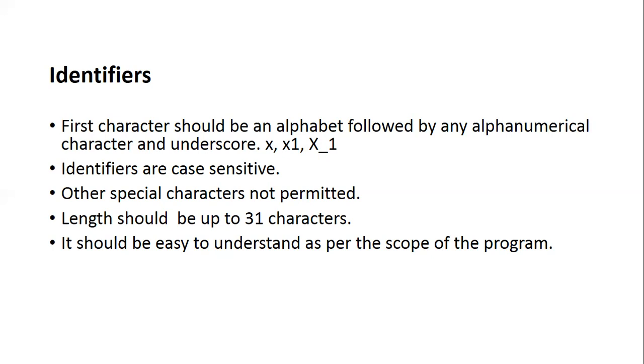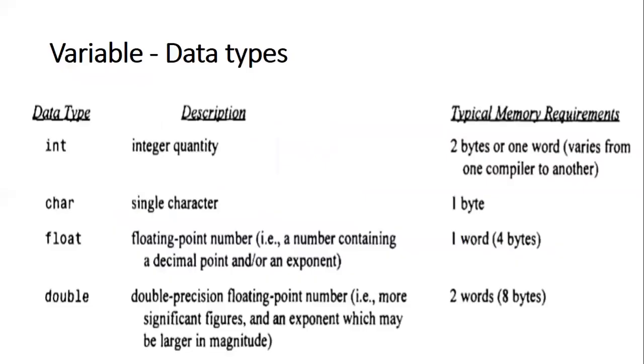So as per the scope of that particular program, it should be represented. For example, if you have student data, you can have roll number, name, division, class, gender. These are certain examples of identifiers you can have.